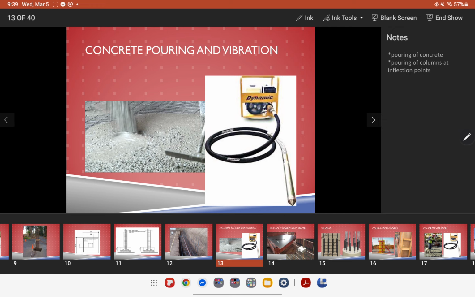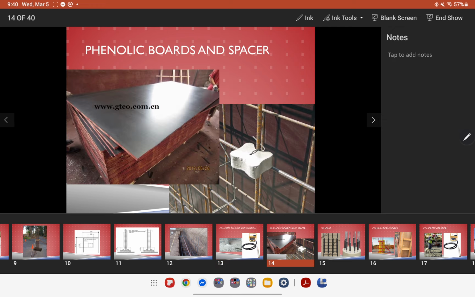Okay. So one material that you would commonly see in the construction of reinforced concrete is what we call a formwork.